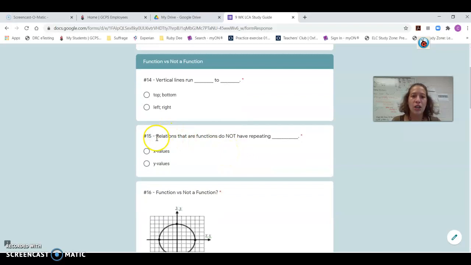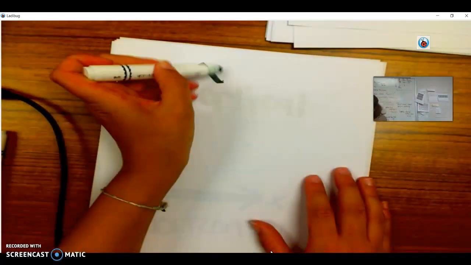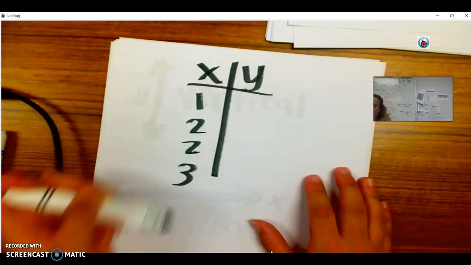Okay, so here we go. When we're talking about a relation being a function, remember we're looking for a special relationship where the number you pop in only produces one specific number. So if we're looking at a function that looks like this, 1, 2, 2, 3.